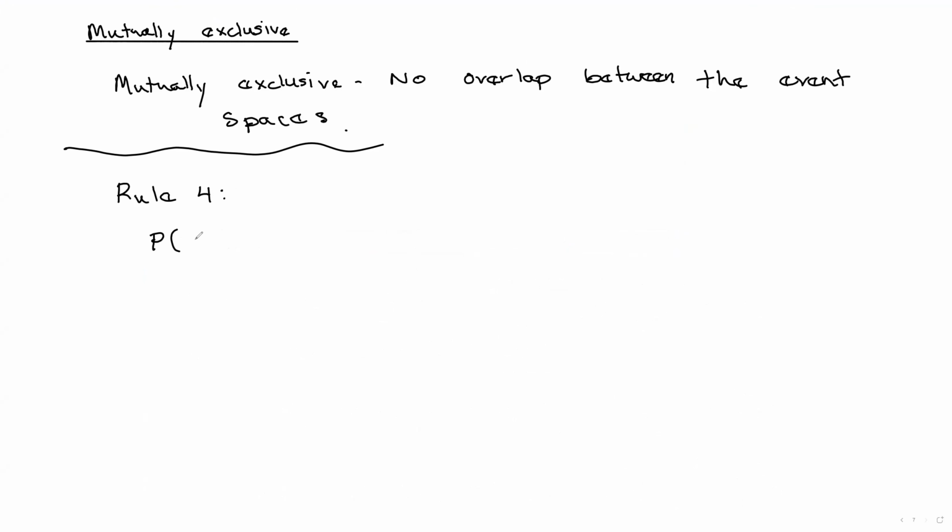The probability of event A or event B, so two events, equals the probability of A plus the probability of B. This assumes they are mutually exclusive.